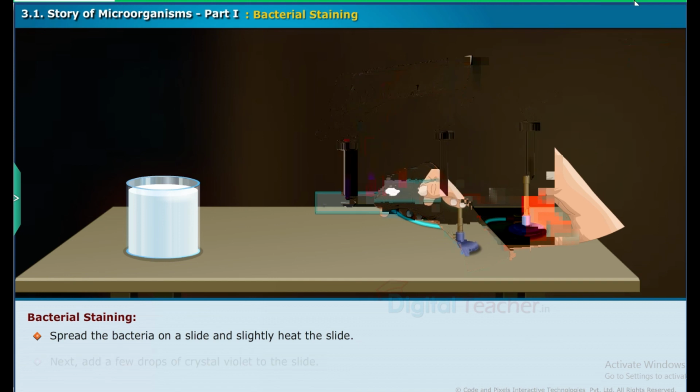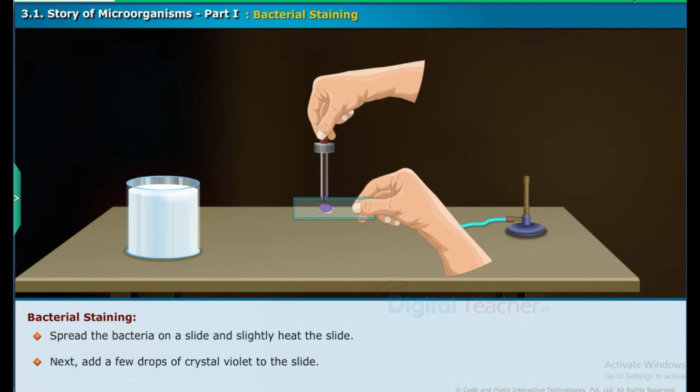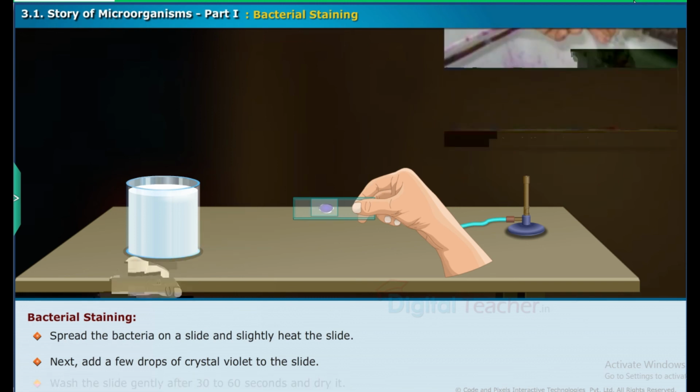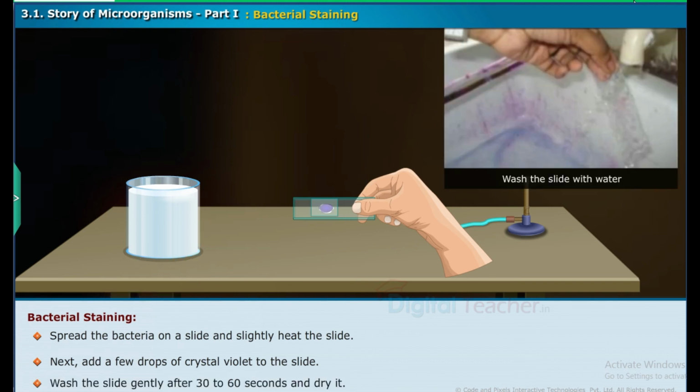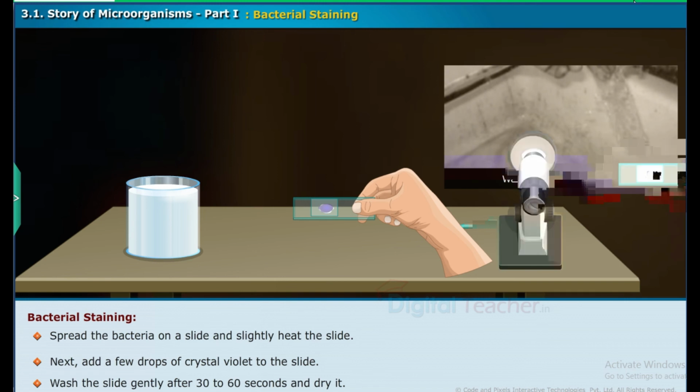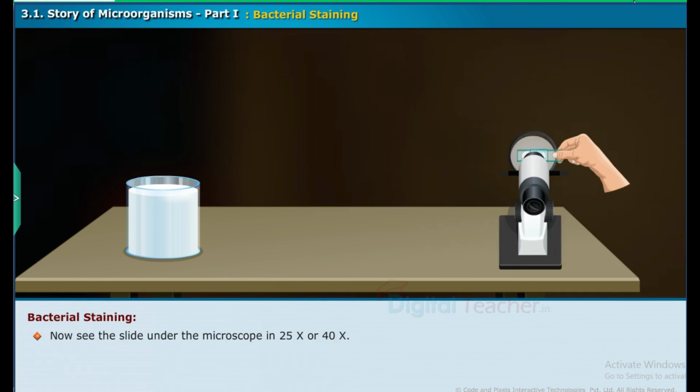Next, add a few drops of crystal violet to the slide. Wash the slide gently after 30 to 60 seconds and dry it. Now, see the slide under the microscope in 25x or 40x.